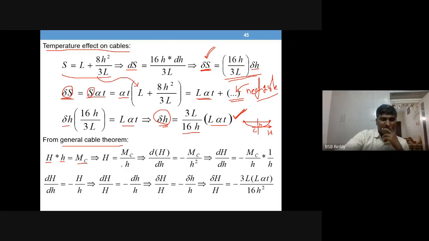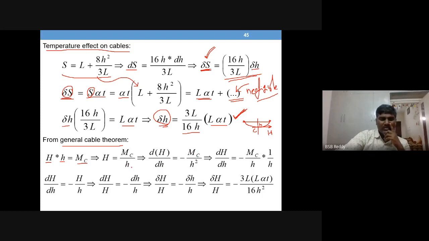Now partially differentiate both sides with respect to small h. So dH, capital H means force, the horizontal cable tension, divided by small dh is equal to d by dh of MC divided by h. MC is constant.